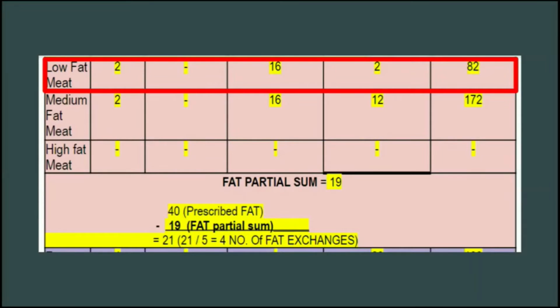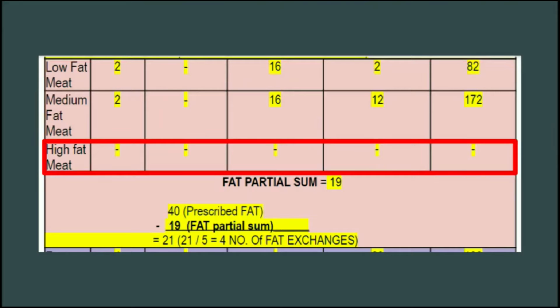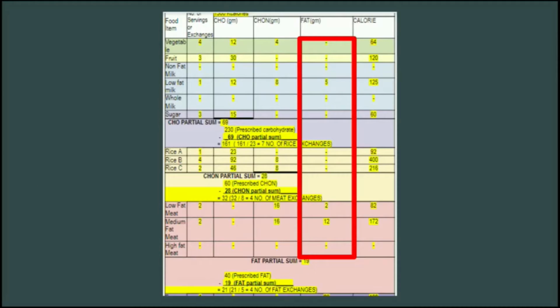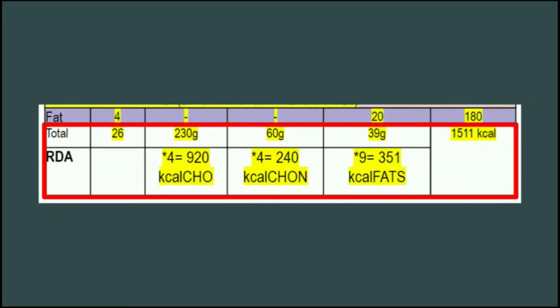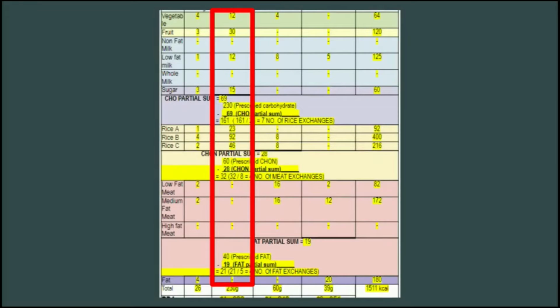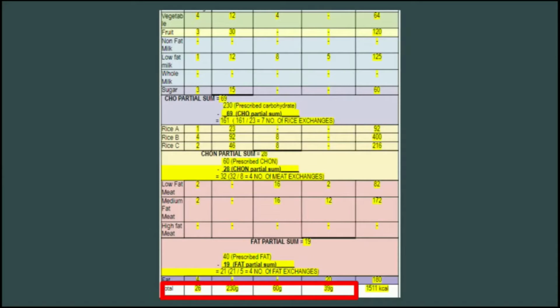And the same goes for the fat exchanges. The exchanges of low-fat meat, medium-fat meat, and high-fat meat are adjusted to get the partial sum of the fat content of food items, which will then be subtracted and divided by the constant number 5 to get the number of fat exchanges. Now, to get the total and its RDA, all the carbohydrates, protein, and fat content of all the food items will be added.